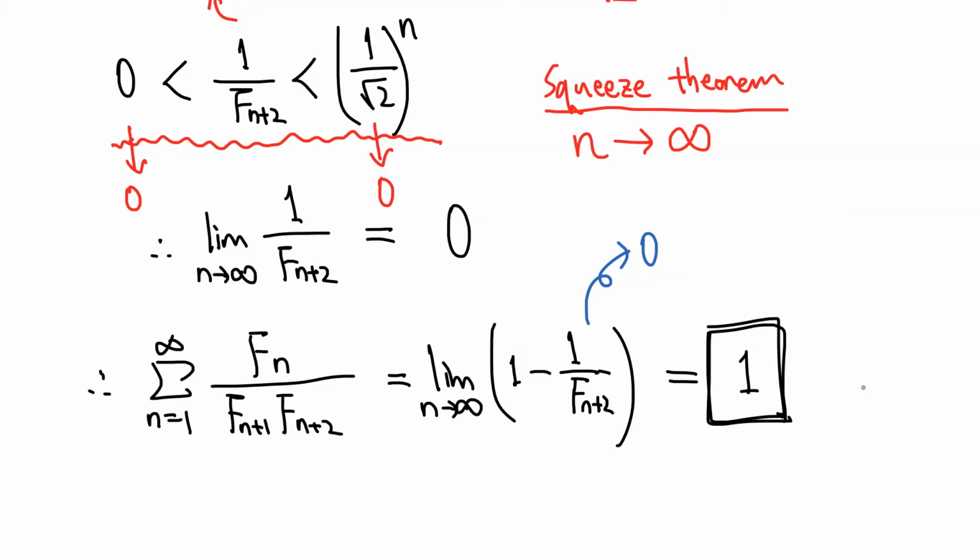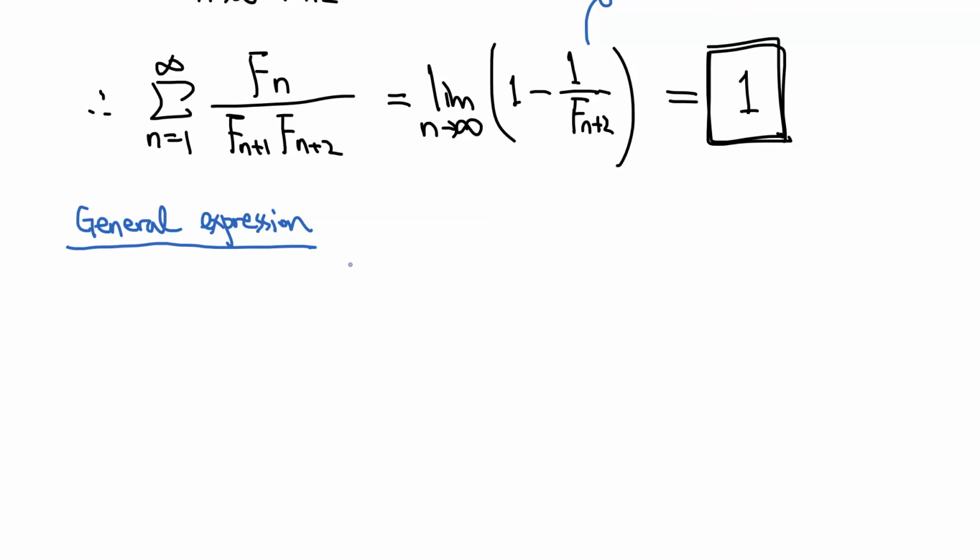So here we have solved this problem without solving the recurrence relation or using the general expression of the terms of the Fibonacci sequence. But in case you are curious, the actual closed form expression for the Fibonacci sequence is given like this.